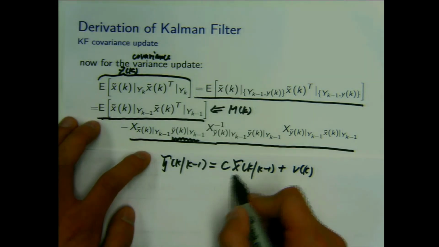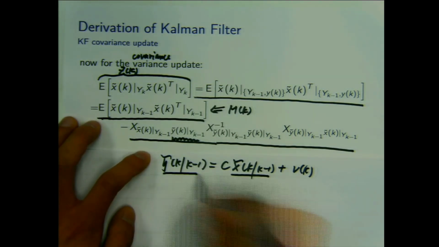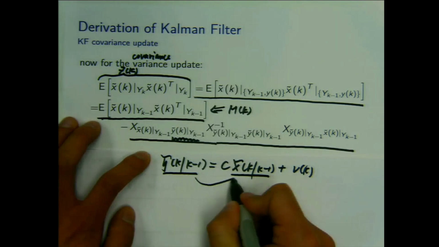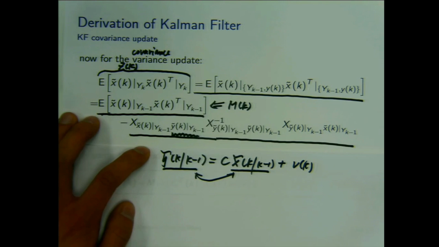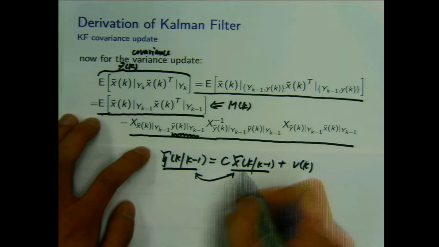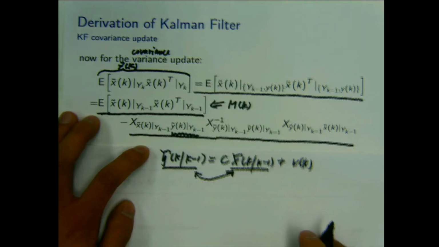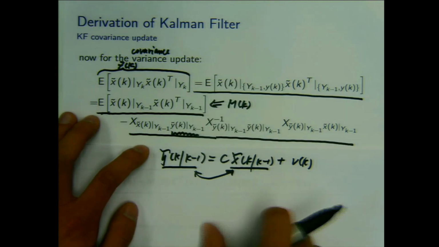So I want to obtain the cross covariance between this and this. Write down the definition and tell me the answer.